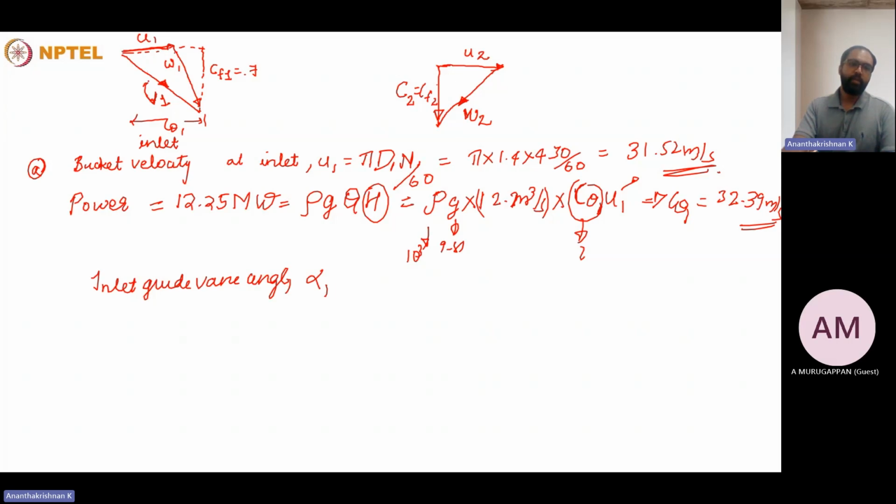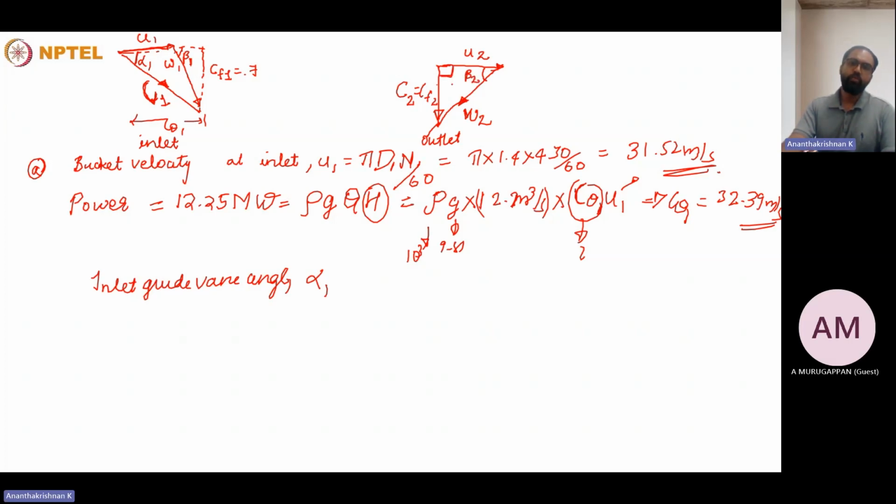That is the angle made by the absolute velocity direction with the blade velocity direction. That will be alpha 1. The angle made by the relative velocity component with the blade velocity component, that is the blade angle at the inlet, beta 1. Similarly, in the outlet triangle, the angle made by the relative velocity with the blade velocity direction is the blade angle.